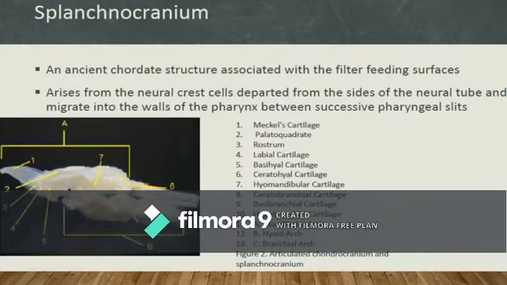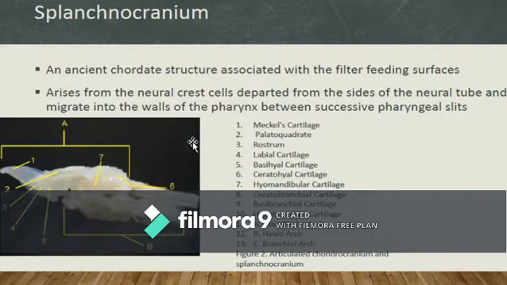It arises from the neural crest cells that depart from the sides of the neural tube and migrate into the walls of the pharynx between successive pharyngeal slits. So this is the fate of the splanchnocranium.